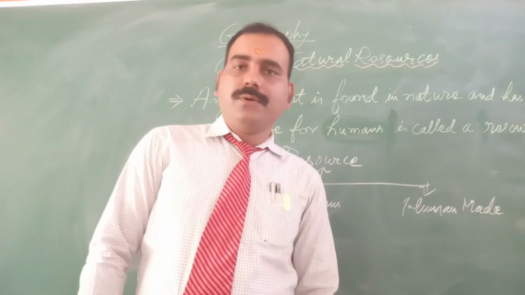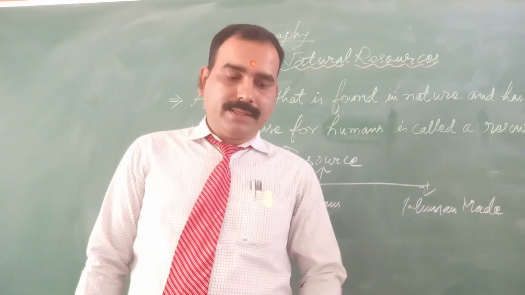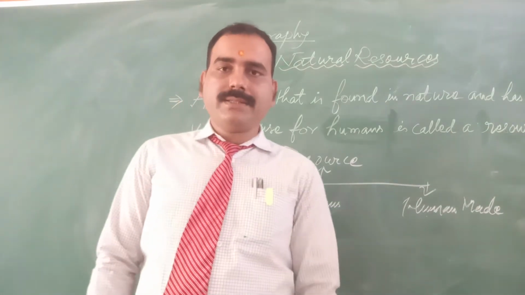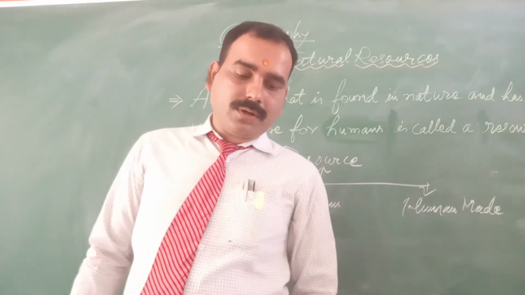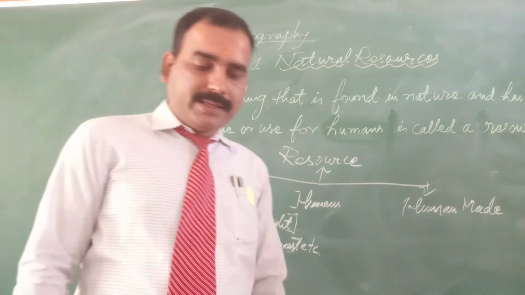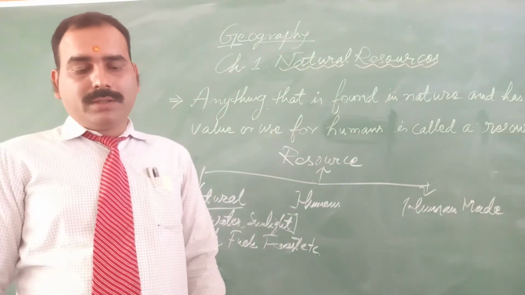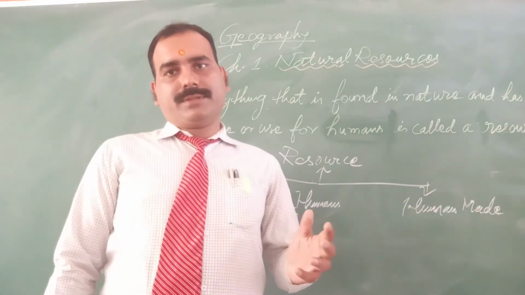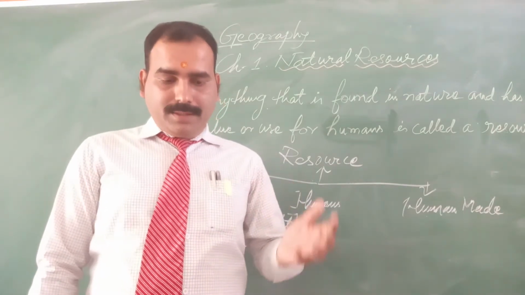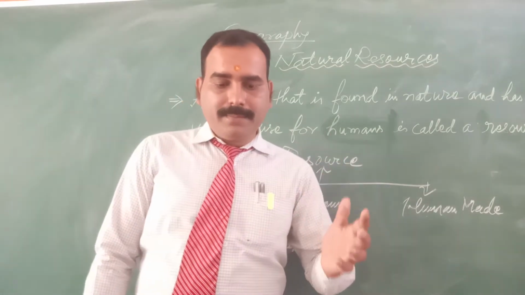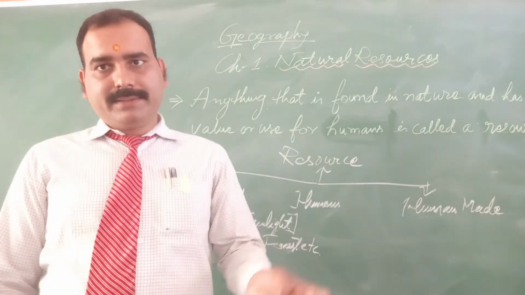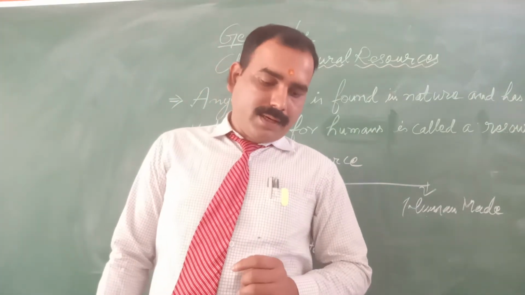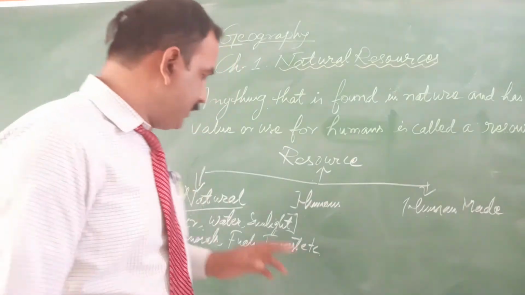On the basis of their origin, natural resources can be classified into biotic and abiotic resources. Biotic resources are all biological or living beings such as plants, animals, insects, etc. So all the biological or living things come under the biotic resources.